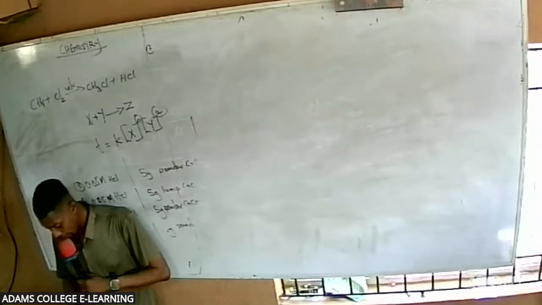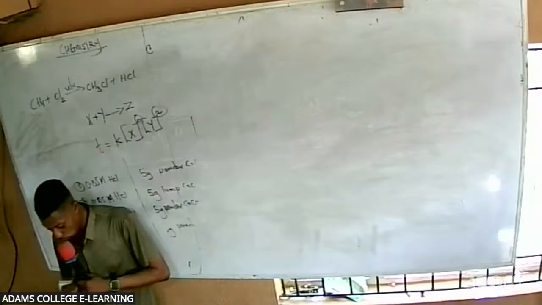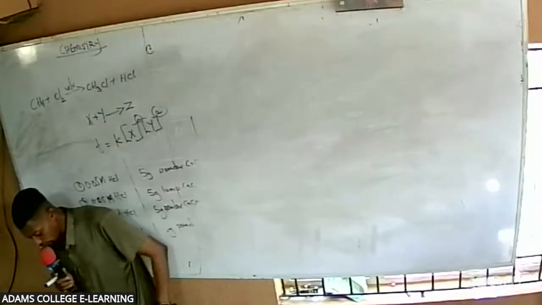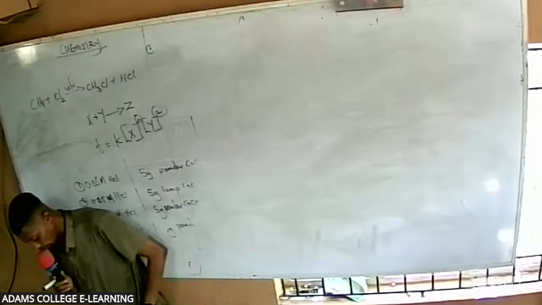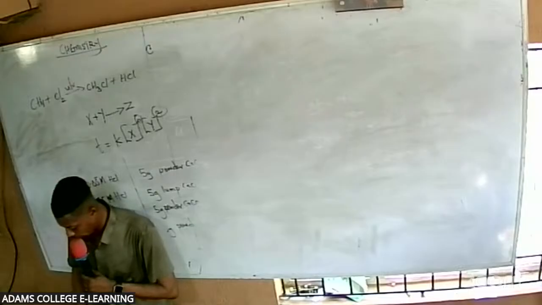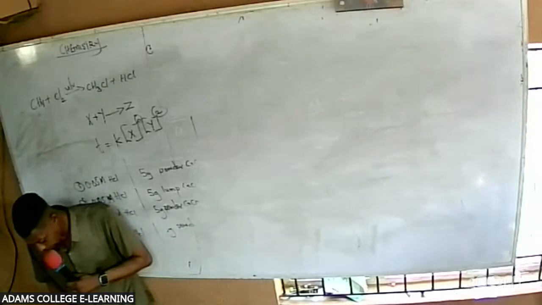Option B, minus 4.18. Option C, plus 17.1. Option D is plus 110.0.